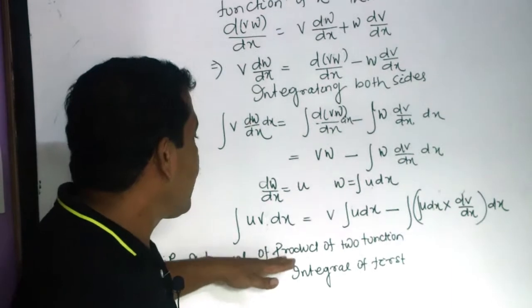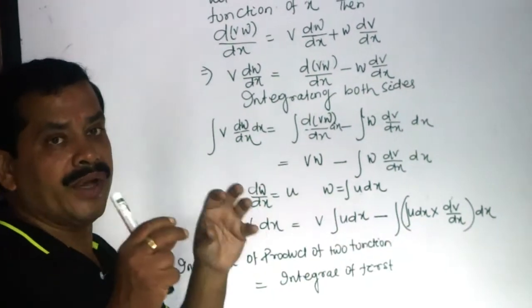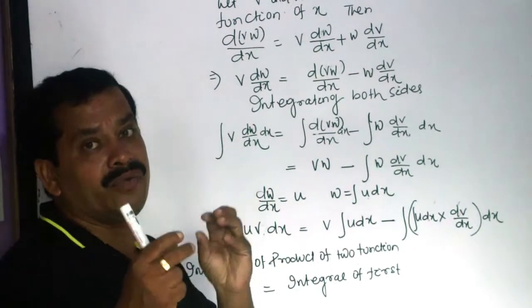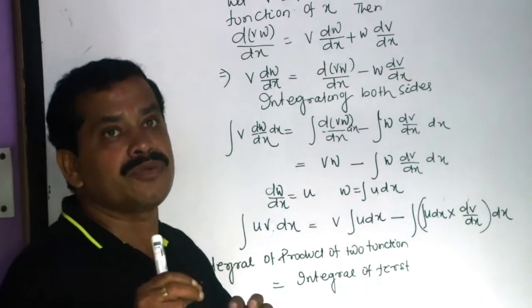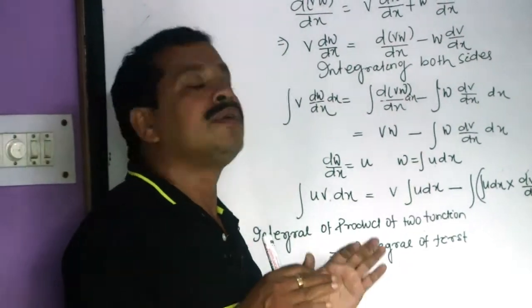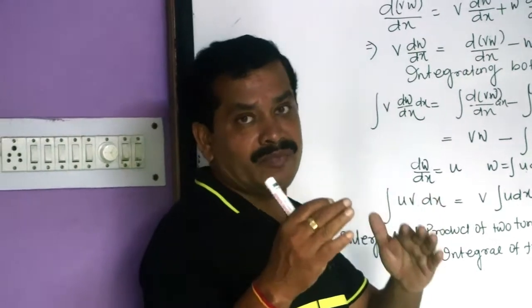It is the integral of the product of two functions. When the two functions are multiplied together and the technique of substitution is not applied, then we apply integration by parts.